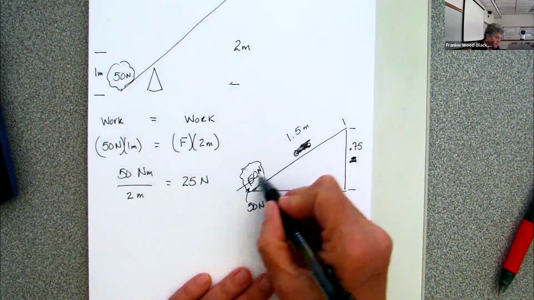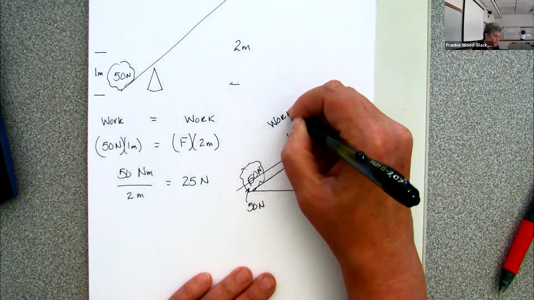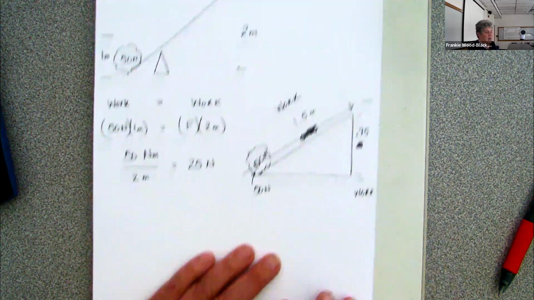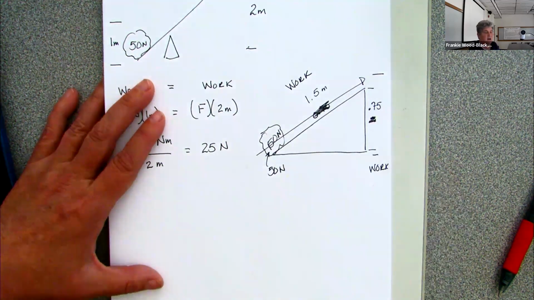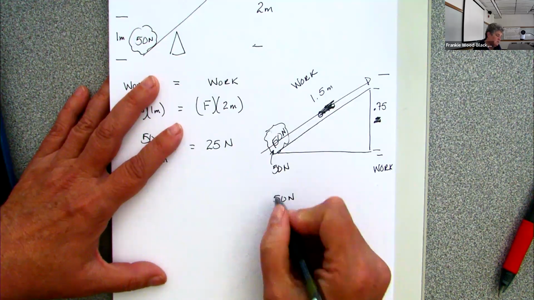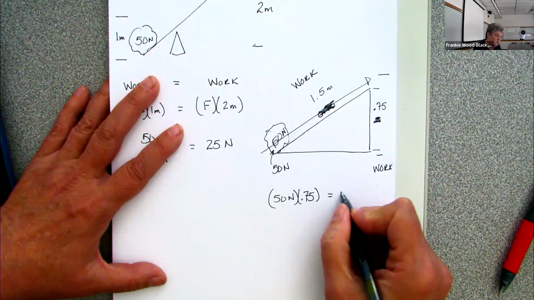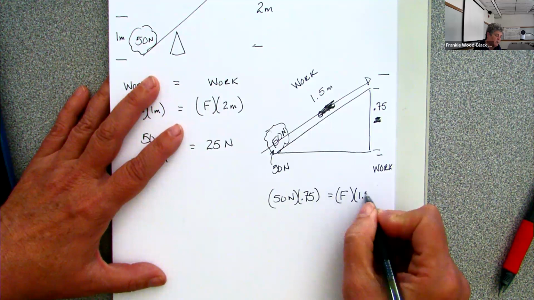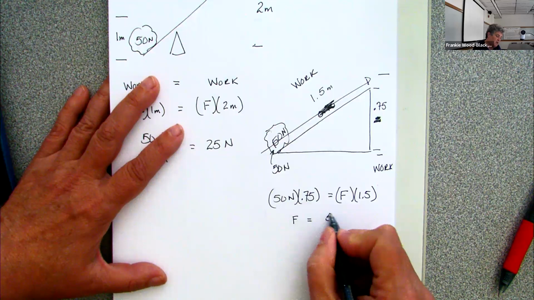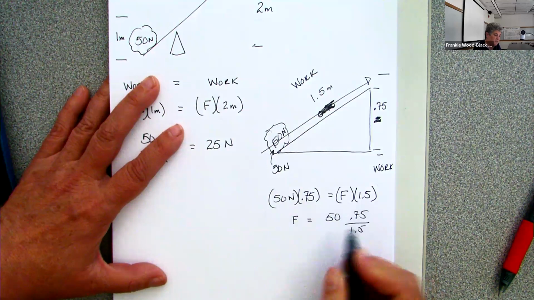And if I slide it up the ramp, the amount of work over here is the same amount of work as over here. And at the end, I'm going to be 0.75 meters up. So I'm going to have my 50 newtons at 0.75 equal whatever force I have to apply over 1.5. So my force is going to be 50 times 0.75 divided by 1.5.